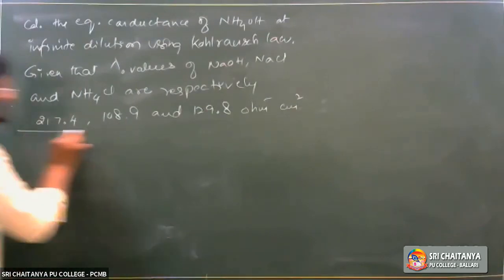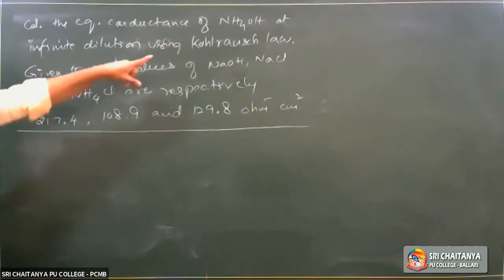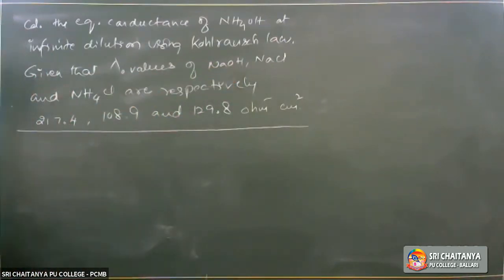Now here only the word equivalent conductance is given. So all of them are monovalent only: NaOH, NaCl, NH4Cl.